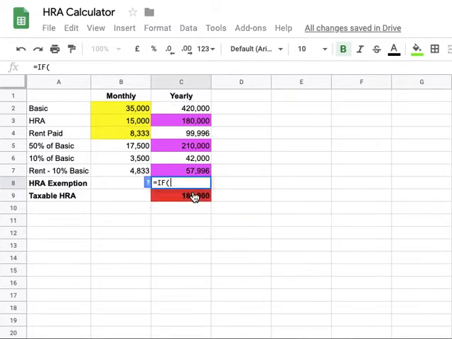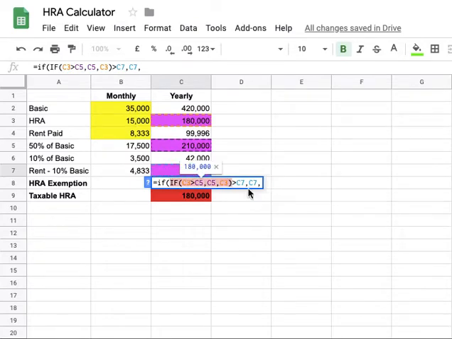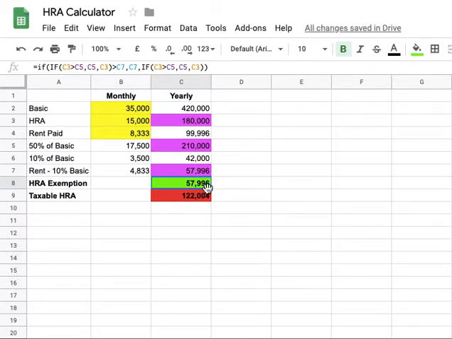I've done the calculation and used IF formulas to pick up the lowest value. In this case, the HRA exemption is 57,996. Now your taxable HRA gets reduced. You just subtract 57,996 from 1.8 lakhs, which is essentially 1.22 lakhs.